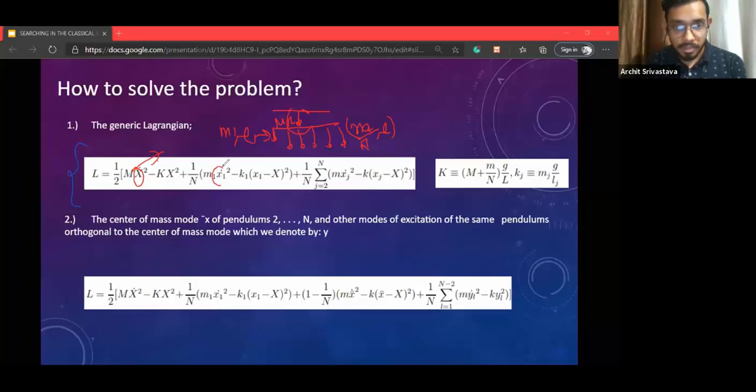So x1 is the amplitude displacement of the defective pendulum, and the xj term that we are seeing over here gives the displacement of the jth pendulum, if we want to show it. So this Lagrangian equation actually has the necessary information about this particular system that we are having.